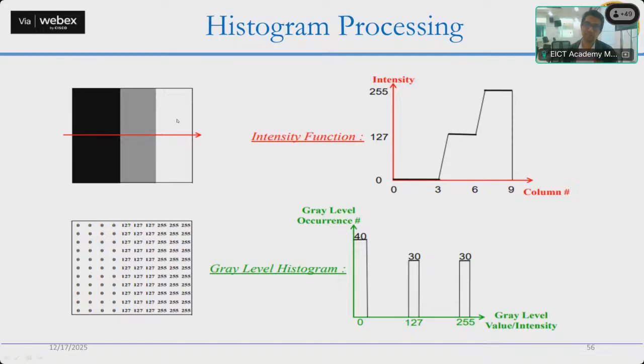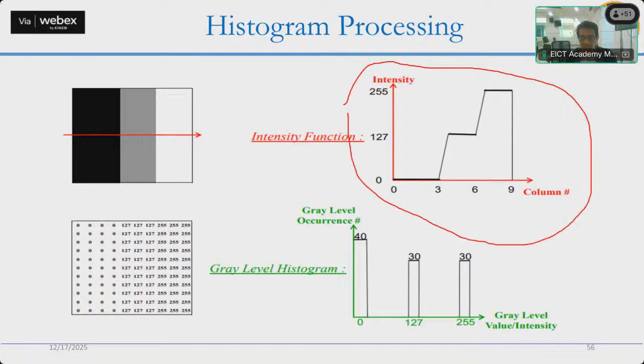White means 255, the maximum value in grayscale. So please be clear that this is not the histogram, but the intensity function.